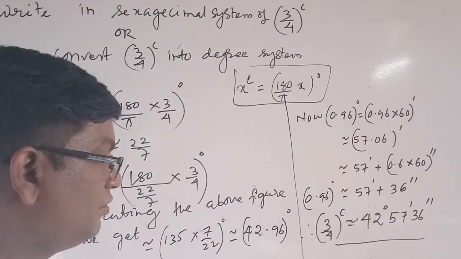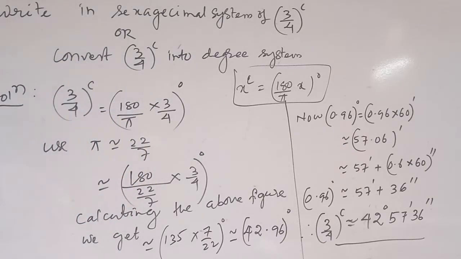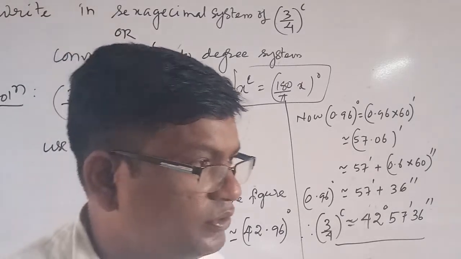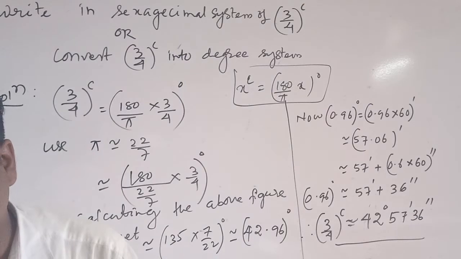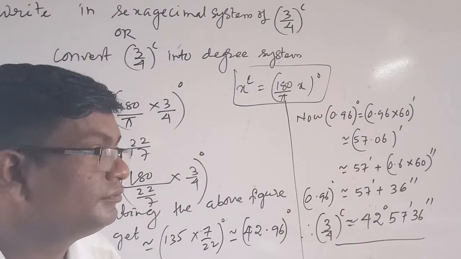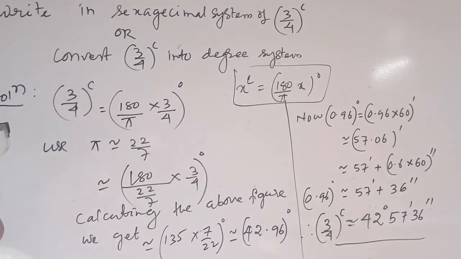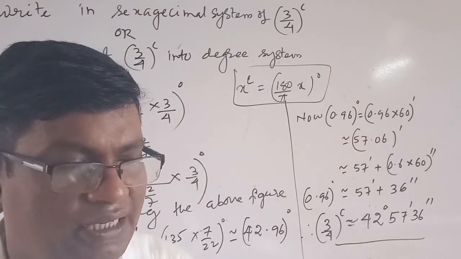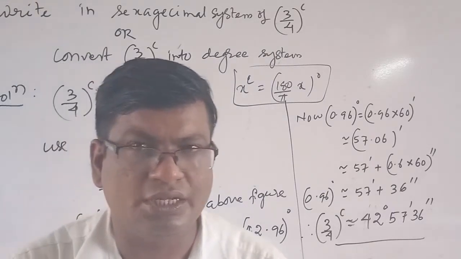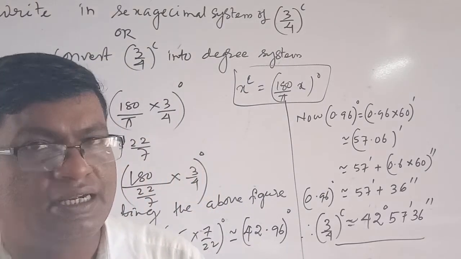Okay, now let's discuss today's topic, that is trigonometric ratio. What is trigonometric ratios or trigonometric functions? There are 6 types of trigonometric functions, namely sine, cosine, tangent, cotangent, secant, cosecant.